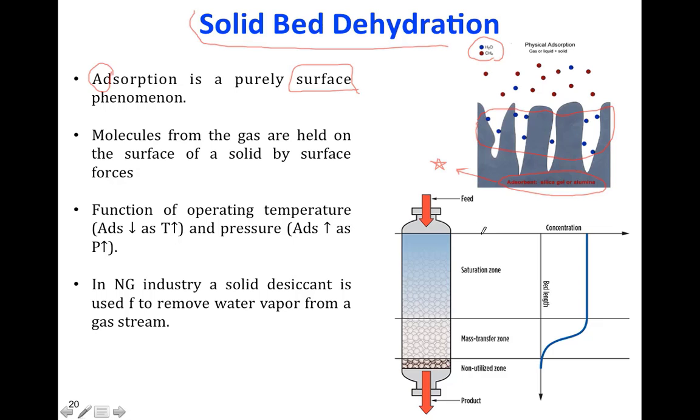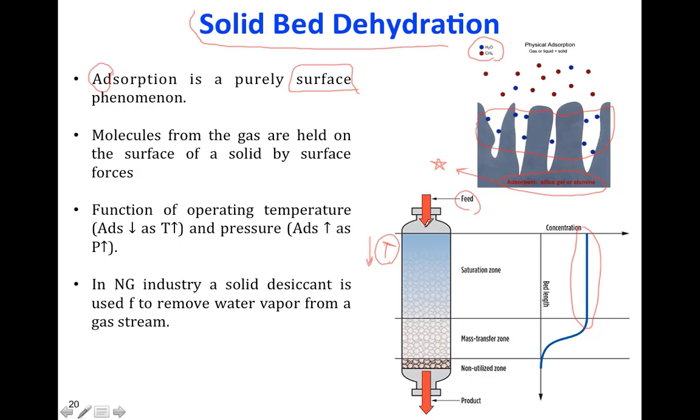It's an adsorption bed. So you will send your wet gas, which has a big amount of water, through the column. The column has an operating temperature, usually low temperature. Both adsorption and absorption are more efficient at higher pressure and lower temperature.